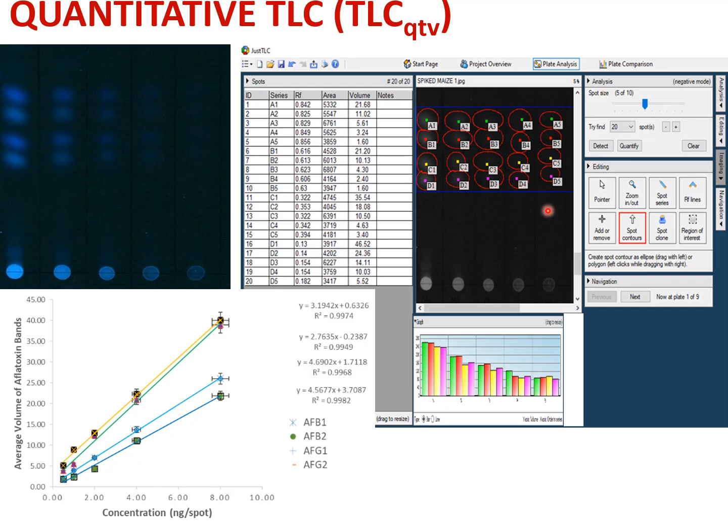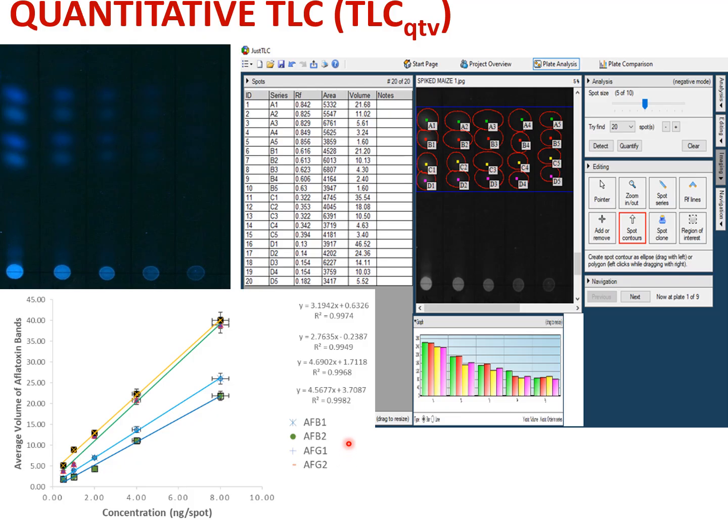After quantifying the respective densities, a calibration curve is then constructed, which is the concentration of the spot versus the relative densities. And based on that, equations were produced for each of the aflatoxins: aflatoxin B1, aflatoxin B2, aflatoxin G1, and aflatoxin G2.